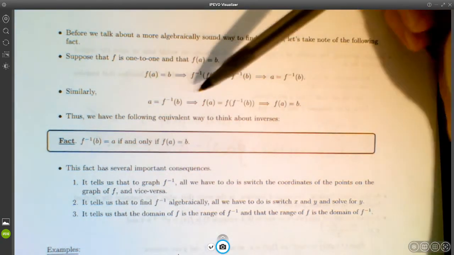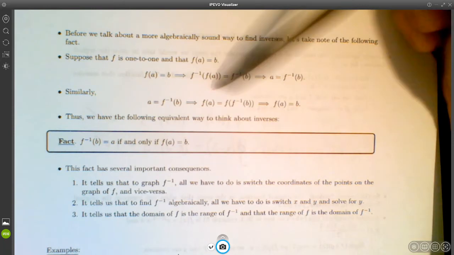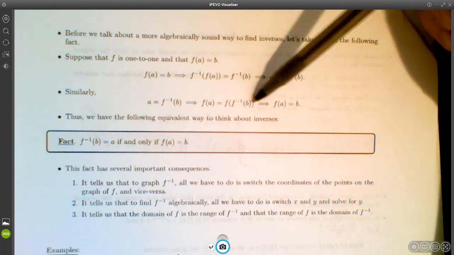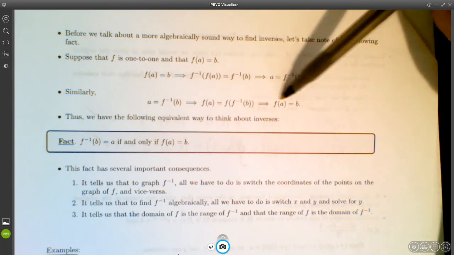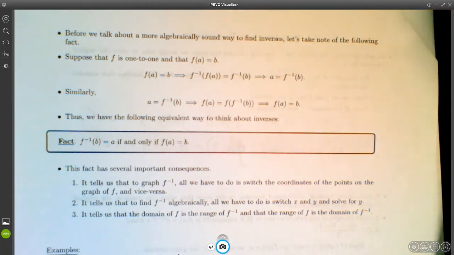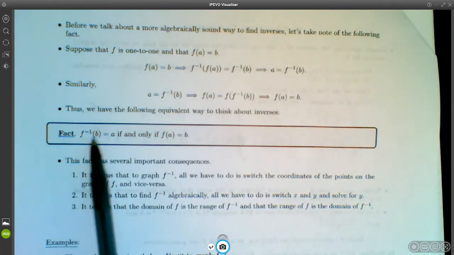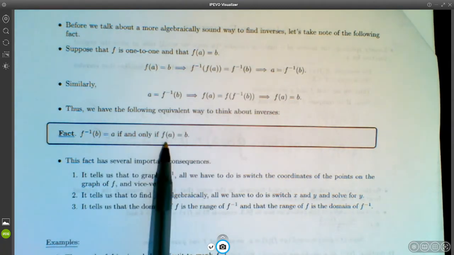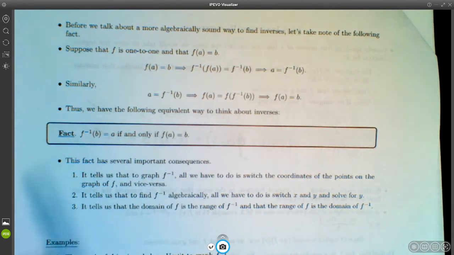Similarly, if a equals f inverse of b, you can take f of both sides, and f of f inverse is just going to leave you with b, so you see f of a equals b. So what this means is that f inverse of b equals a if and only if f of a equals b.